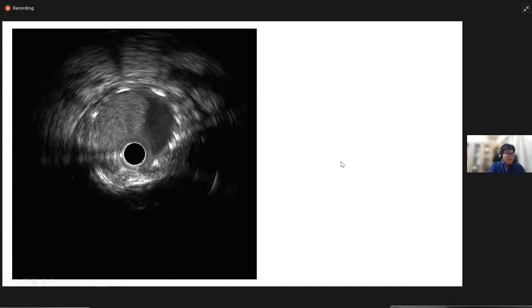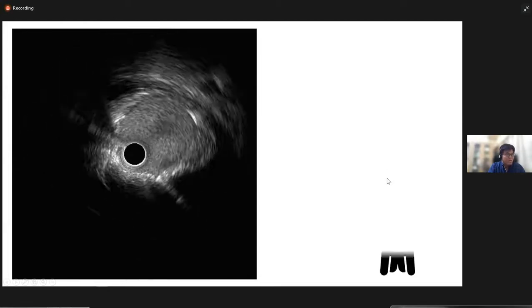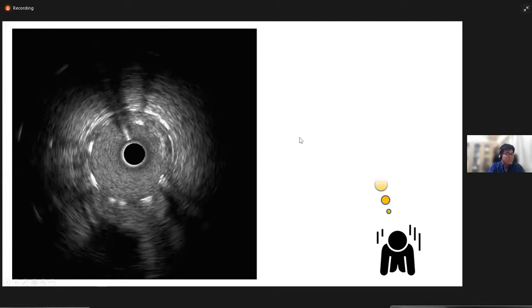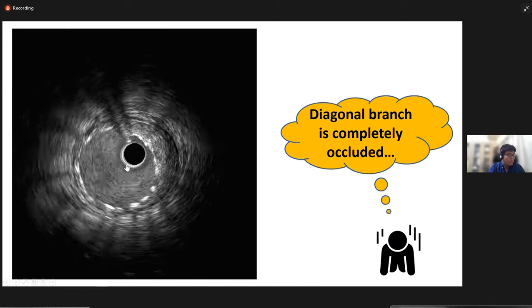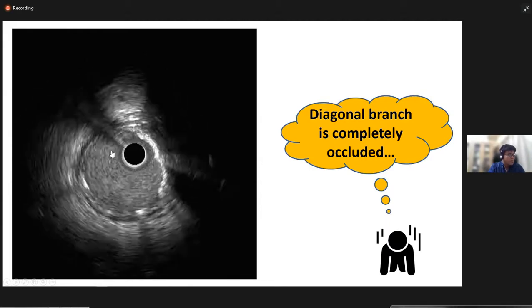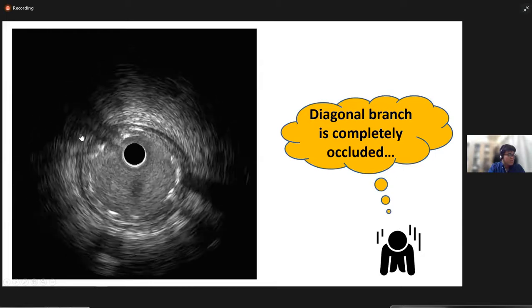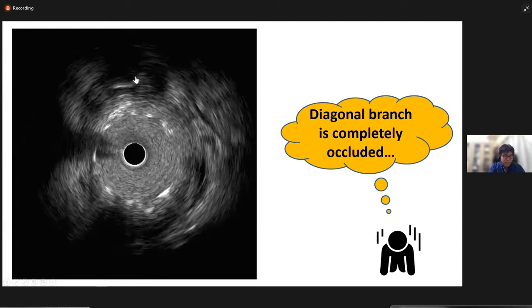If you are familiar with IVUS, you can notice the diagonal branch is completely occluded. Once again, I will show you this IVUS pullback recording. Please look at around the 10 o'clock site. This is a diagonal branch.